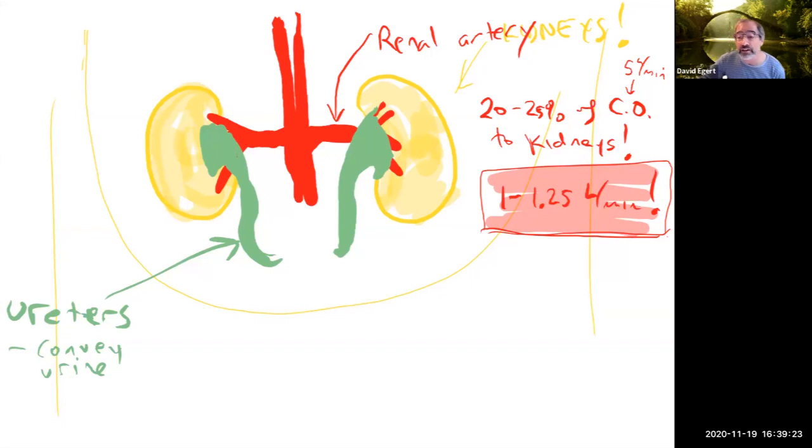Obviously, it's very convenient to not just dribble out urine constantly as it's being produced. So we have this cool system to store it until we're ready to get rid of it. That's going to be the urinary bladder.